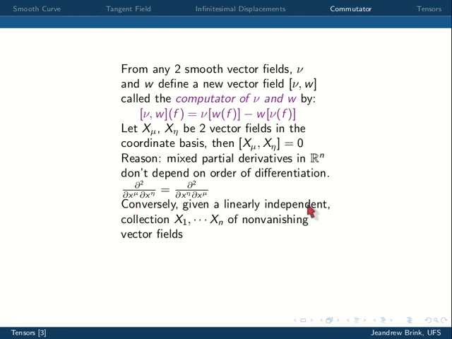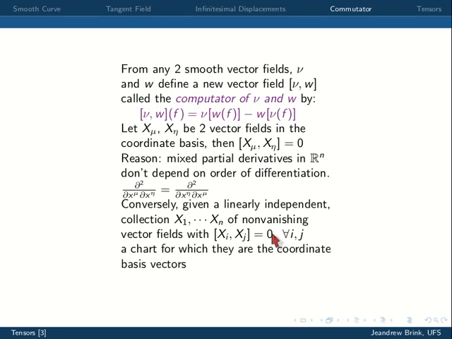If you have a linearly independent collection of non-vanishing vector fields on the manifold, and they have the property that they commute, in other words, if you switch their order and apply them to a function, the difference is 0, then a chart for which they are the coordinate basis vectors can always be found.